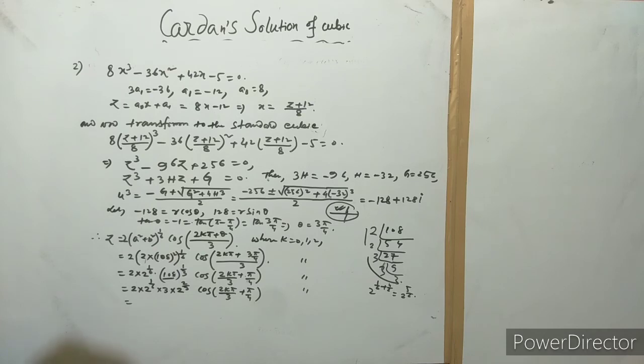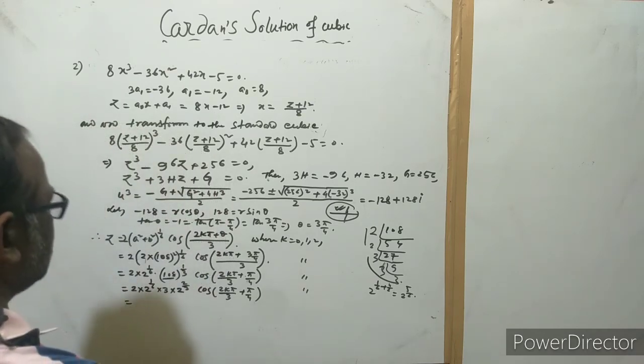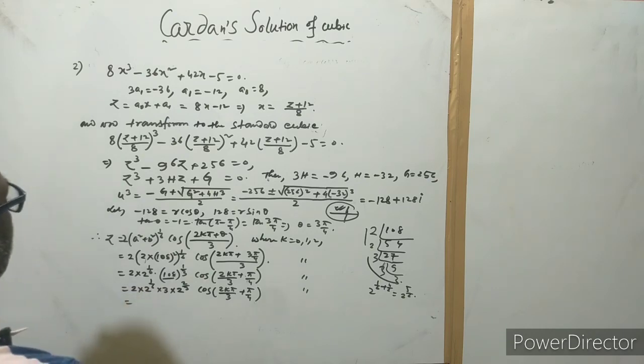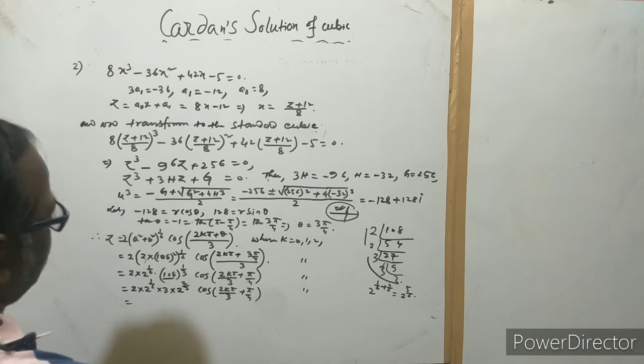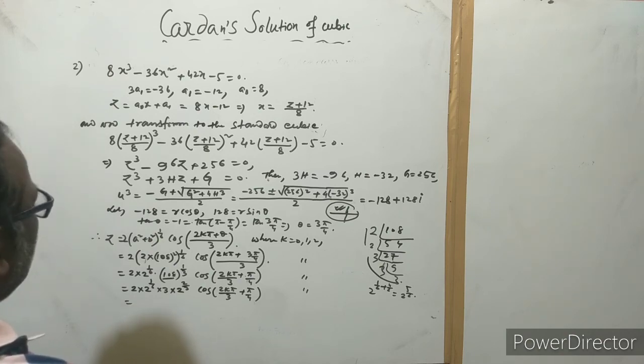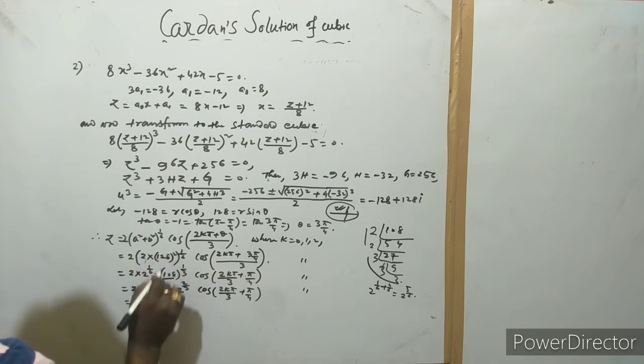So it can't be simplified. Okay, I am sorry. This is here 128. I wrongly said.